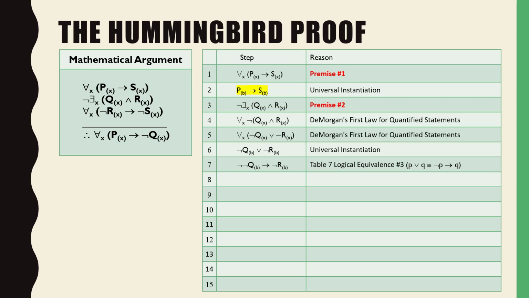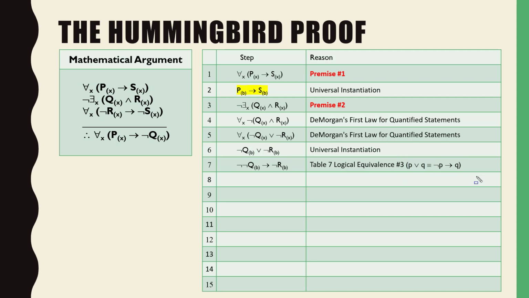It claims that if you have something or something, it's equivalent to not something, therefore something. So I had something or something, which is the same as not that thing, therefore not that thing. That's based on logical equivalence table 7 in your book. You can see the rule right here; I just copied it out of the book for you.